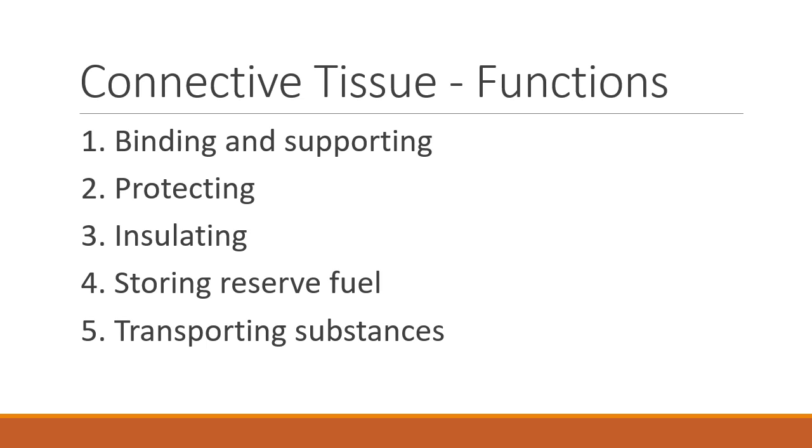It can store reserves of fuel, like again, adipose tissue. But it also can store other things like your bone stores calcium for use in other metabolic processes. And it can transport substances, for example, blood is a nice example of transporting via connective tissue.